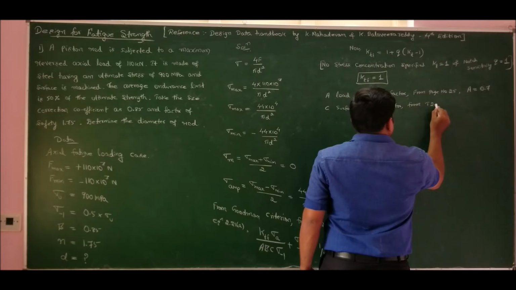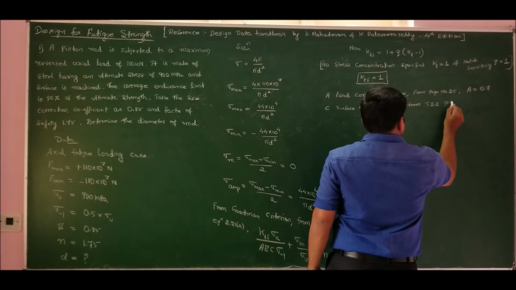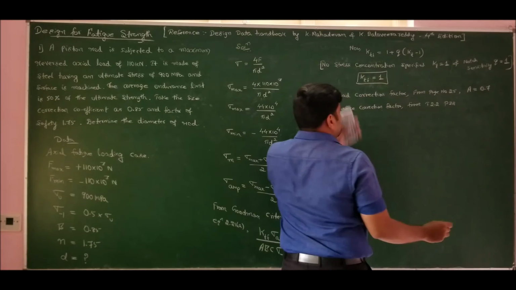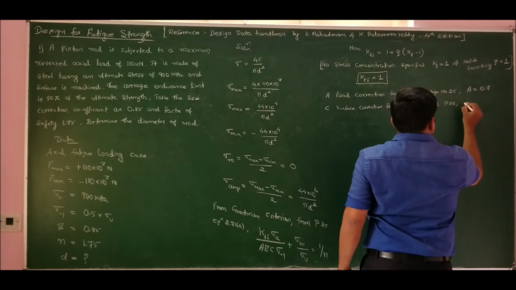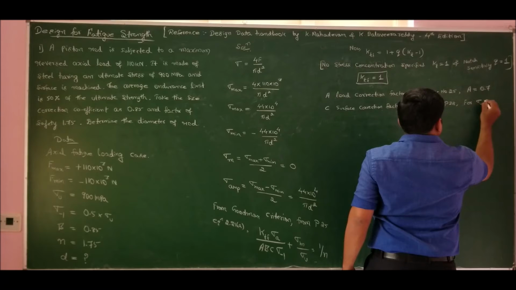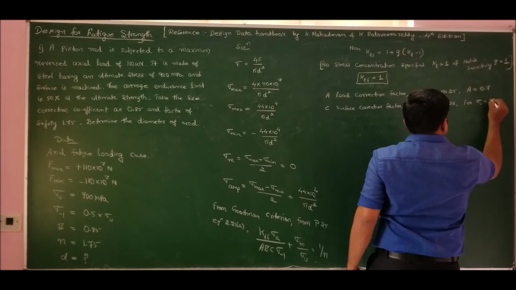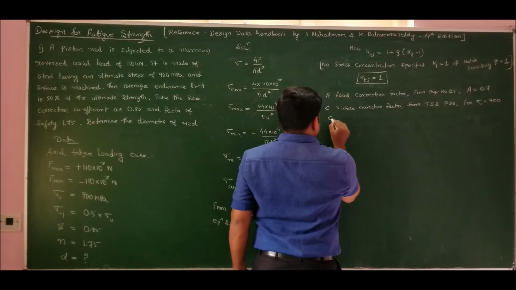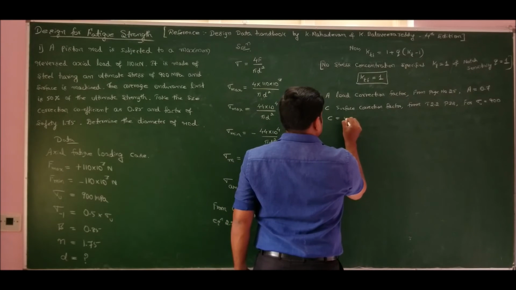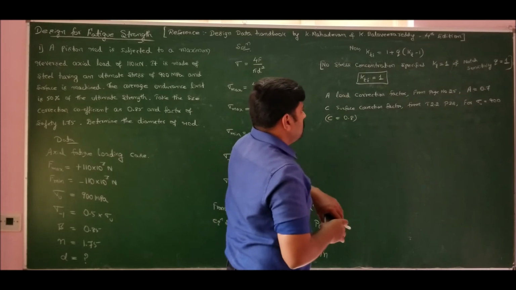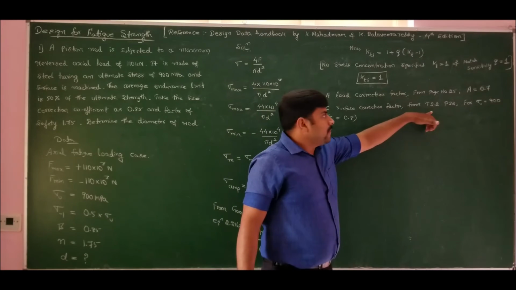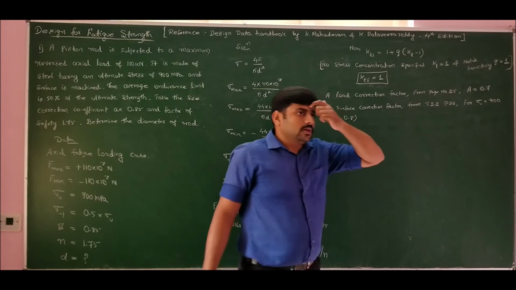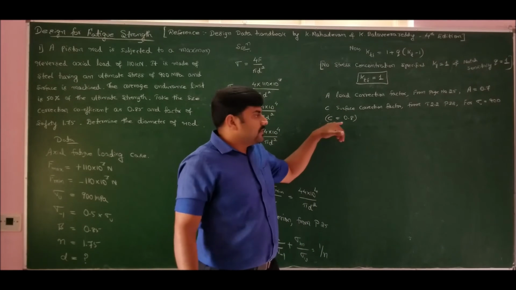The surface correction factor is from table 2.2 of page number 32 of our design data handbook. For ultimate stress equal to 900, you can adopt C as 0.8. This is because if you refer to table 2.2, he has given for ultimate stress of 820, C as 0.82.